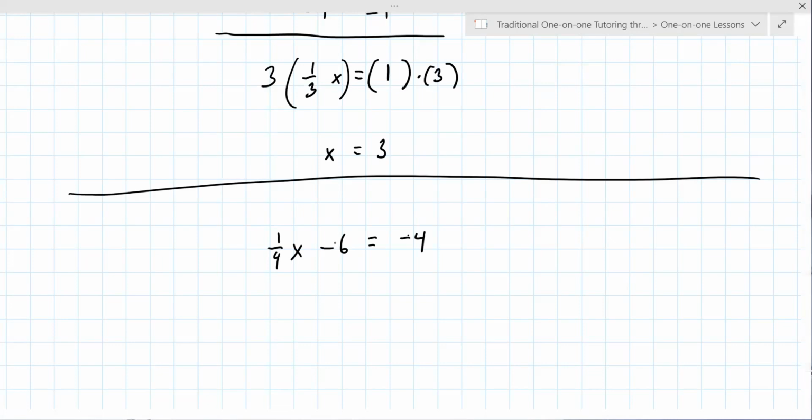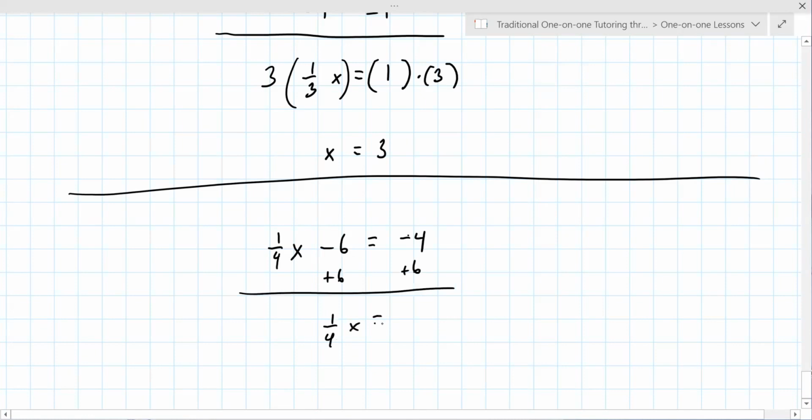You should just undo subtraction by 6. So how do you undo subtraction by 6? Add 6. What is -4 plus 6? +2.